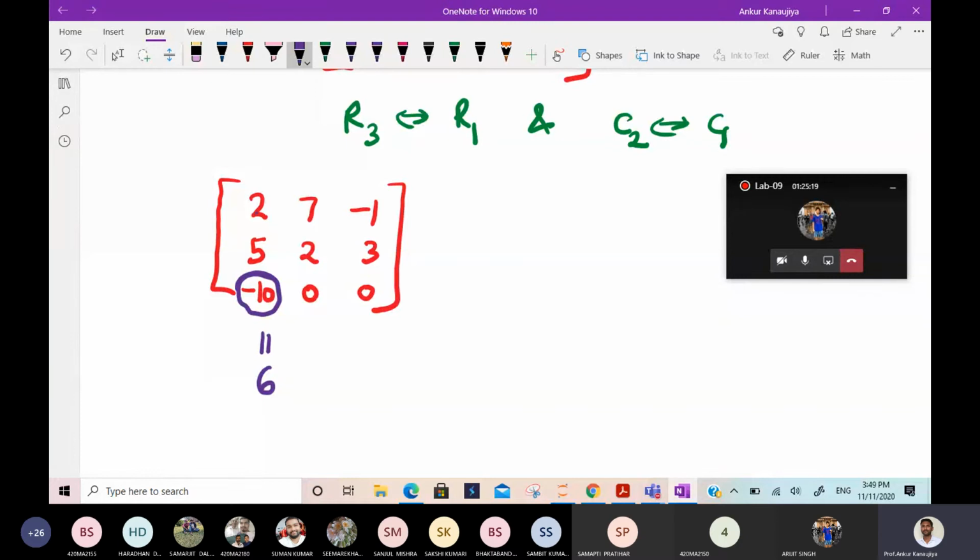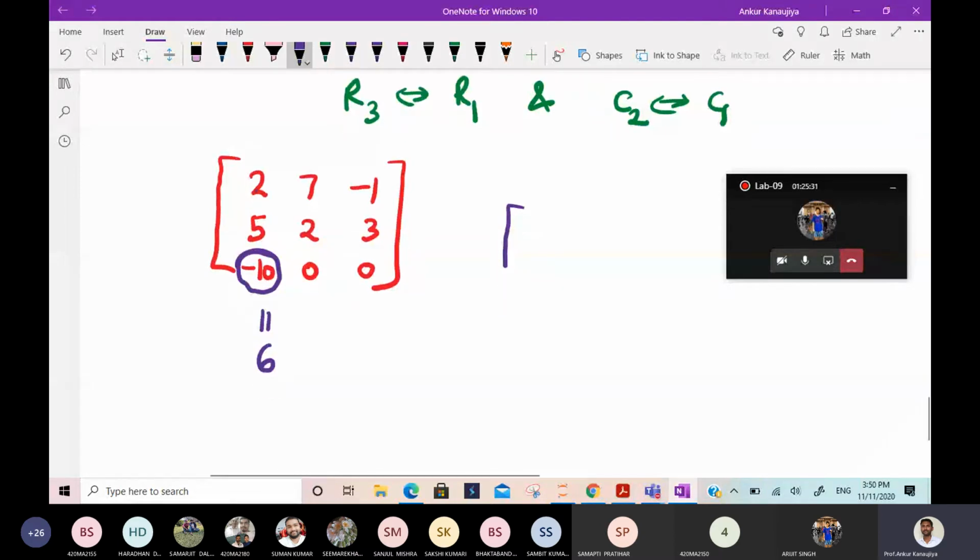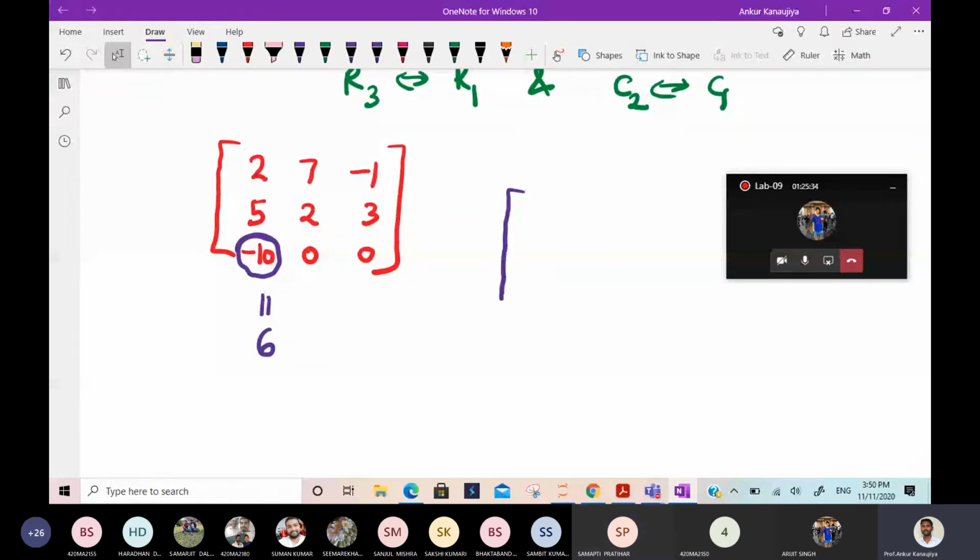So how to find? Let us do it for the general matrix, general matrix of size n cross n.